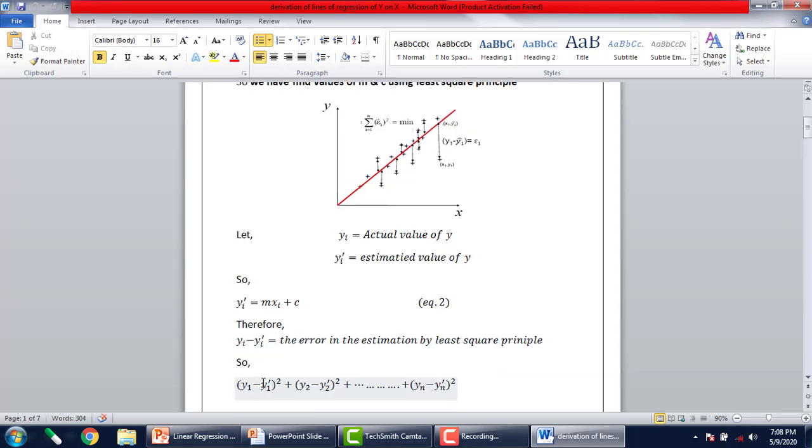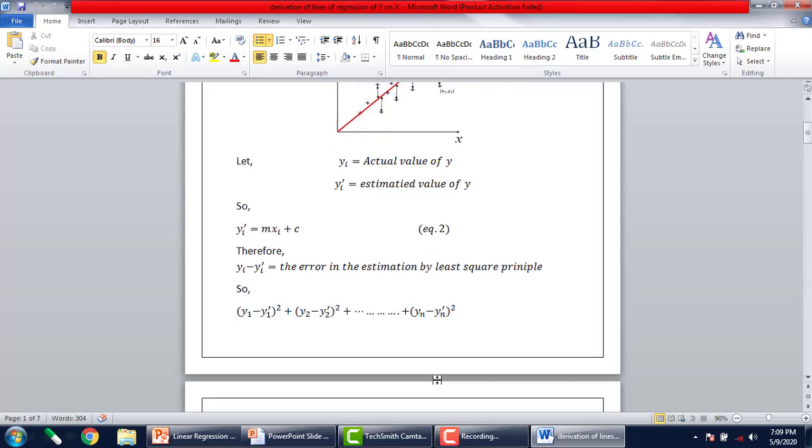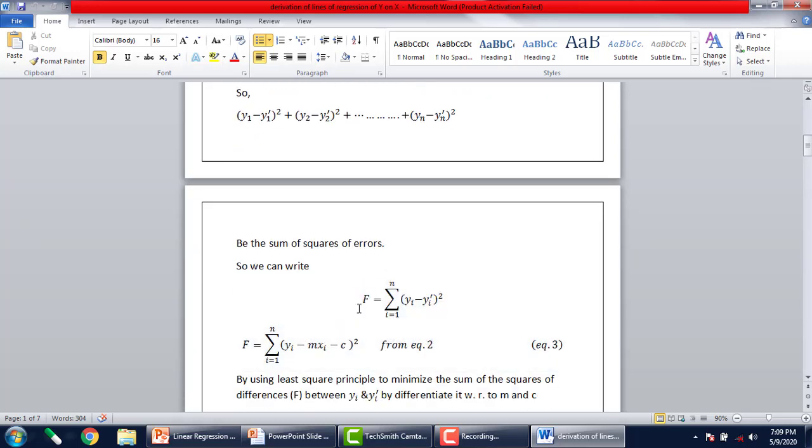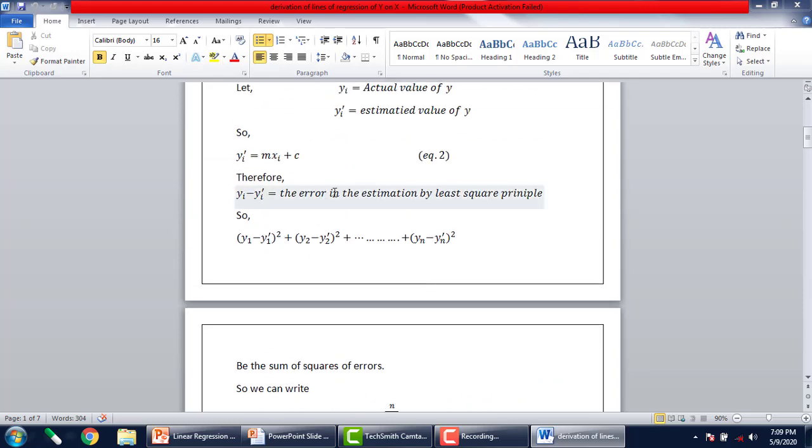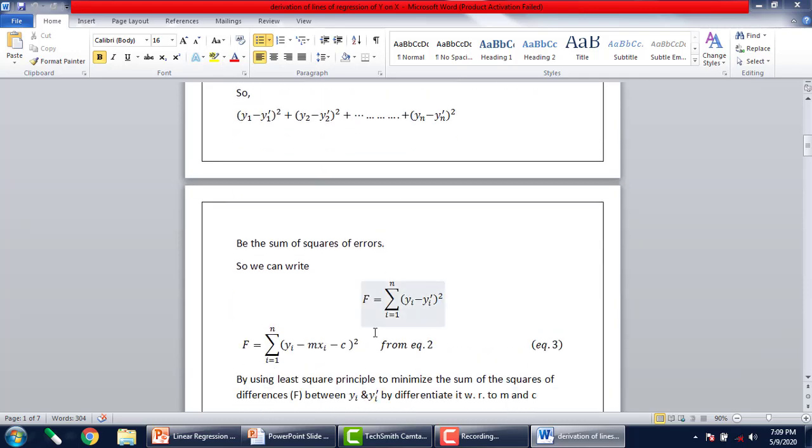So least square principle gives y1 minus y1 dash square plus y2 minus y2 dash square and so on. That is equal to f is equal to summation i is equal to 1 to n yi minus yi dash square. So we put the value of yi dash, which is in equation number 2, in here.